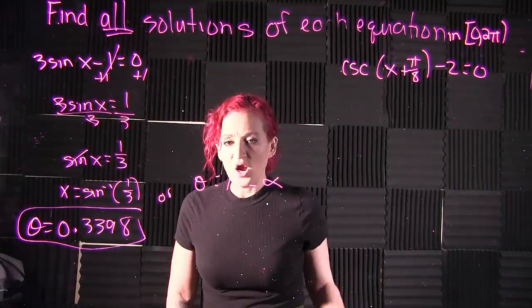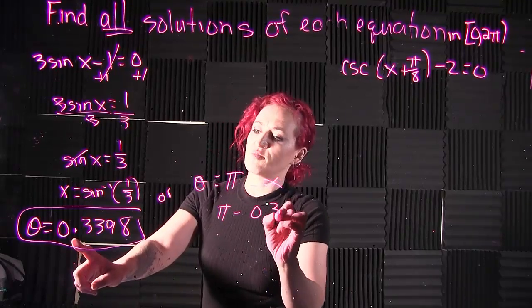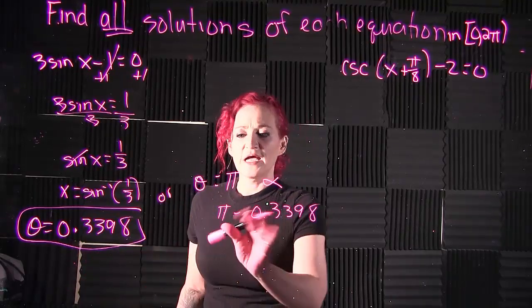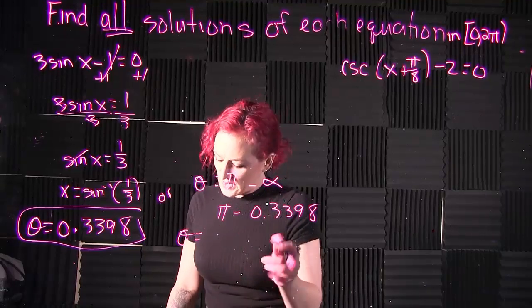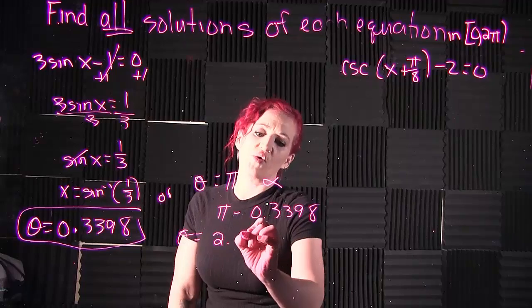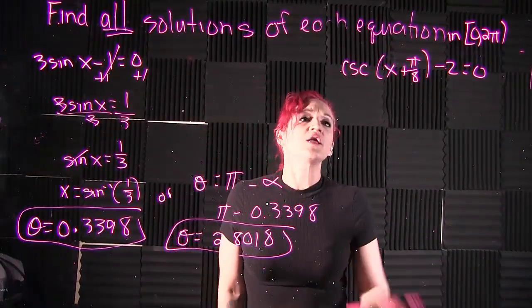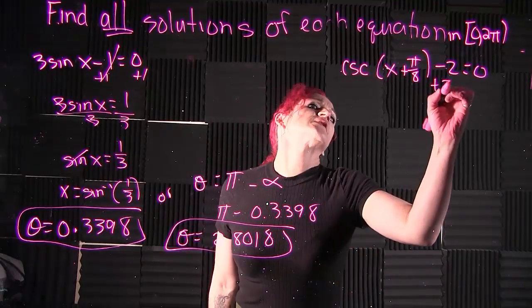So if we do that, pi minus our 0.3398, again, calculate that, we are given our second solution, which is going to end up being 2.8018.